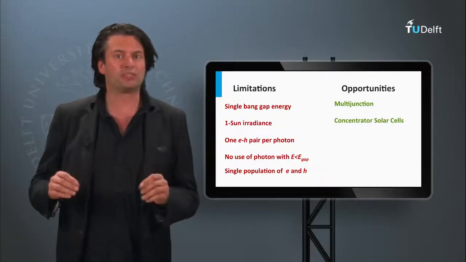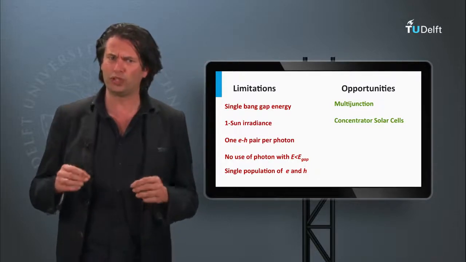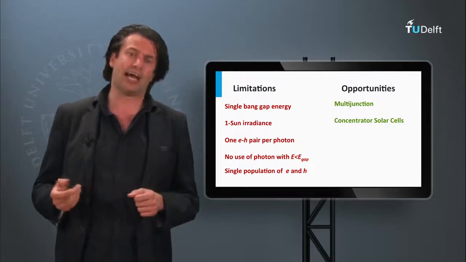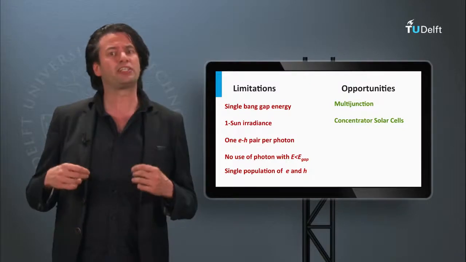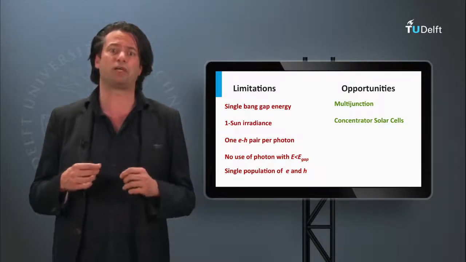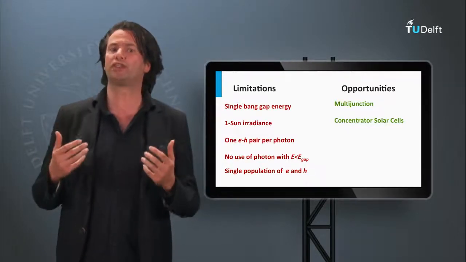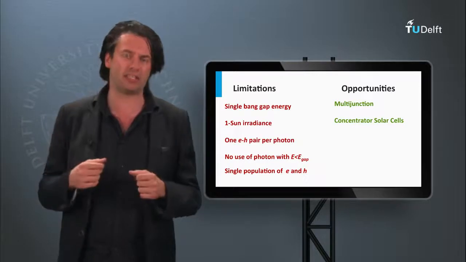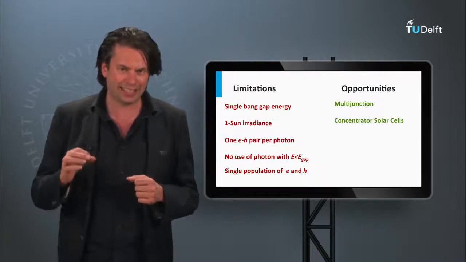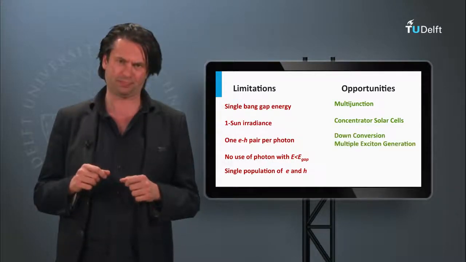The second problem, that concepts are based on one sun irradiance, is tackled using concentrator solar cells. As discussed last week, the concentrator technology is applied on multi-junctions based on III-V semiconductor materials. As a result, the highest conversion efficiencies of 44% have been achieved. This exceeds the Shockley-Queisser limit by more than 10%.